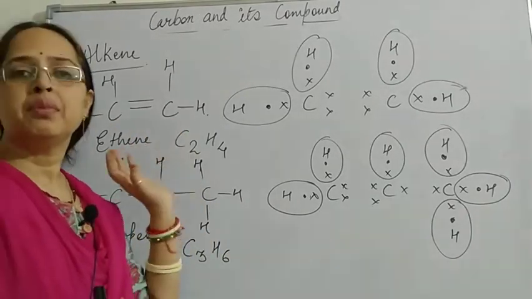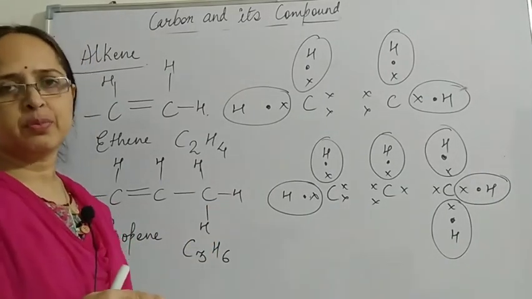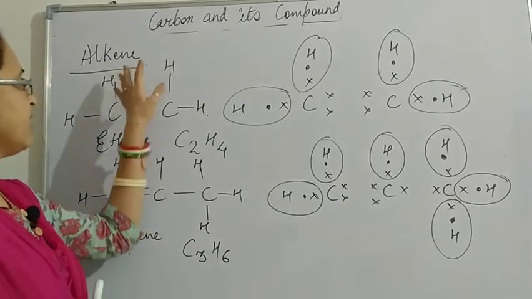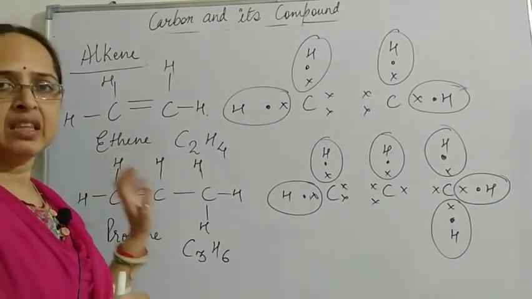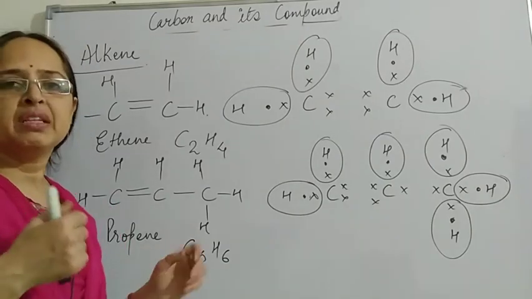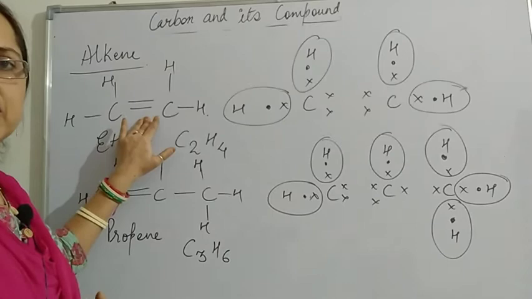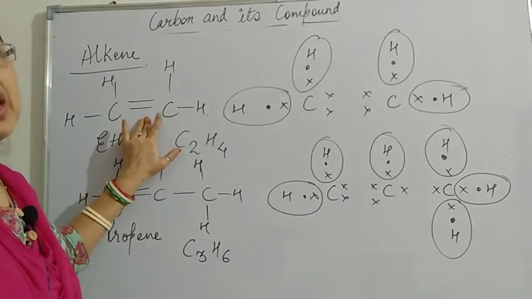In alkane it is methane, that means only a single carbon is present, whereas in alkene the first member is ethene, that means 2 carbons are present, because there should be 2 bonds, we say a double bond between the 2 carbon atoms.